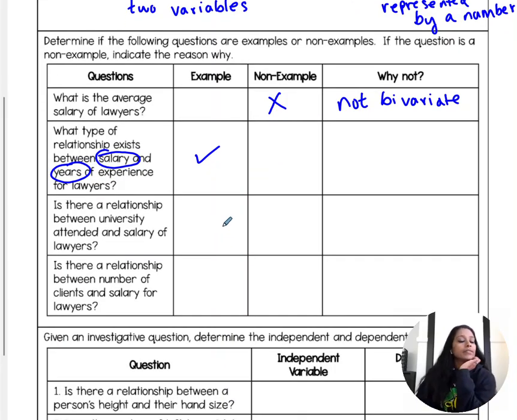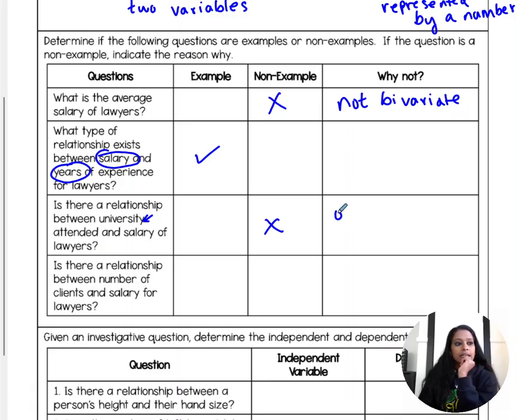Is there a relationship between university attended and salary? So this one does have two pieces of information, but the problem is the university attended is not quantitative. It's just a name, right? So this is not a good example, and the reason is you only have one quantitative variable. They both have to be quantitative.